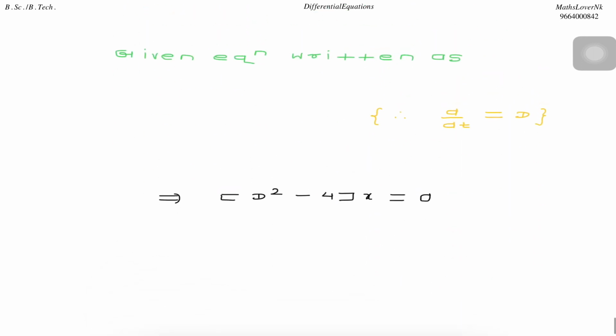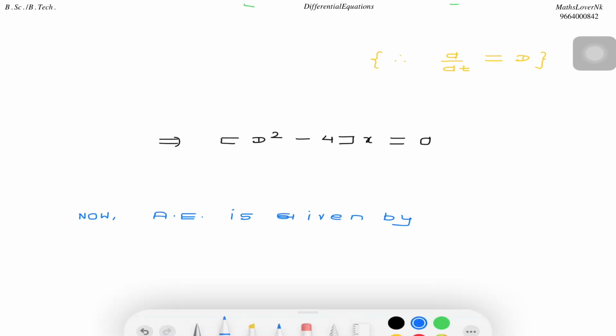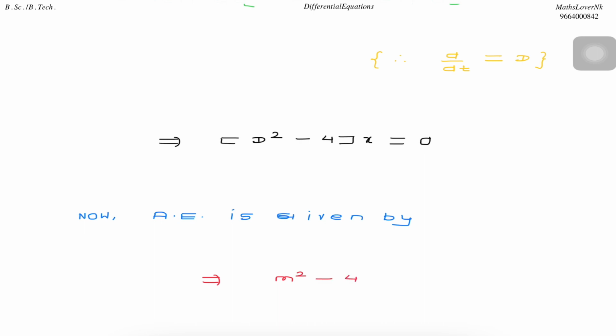Now, the auxiliary equation is given by: we know that for finding the auxiliary equation we put capital D is equal to m. Then we get m square minus 4 is equal to 0.